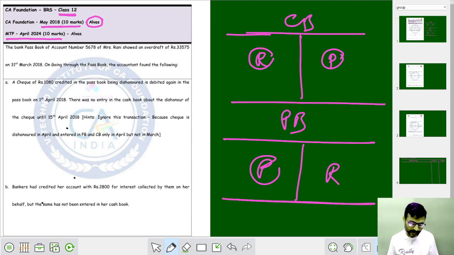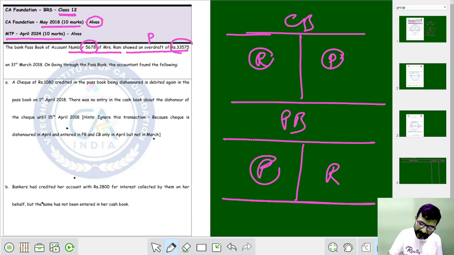The bank passbook, account number 5678 of Mrs. Rani, showed overdraft, overdraft meaning payment, of 33,575 on 31st March 2018. Which book shows it? The bank passbook.